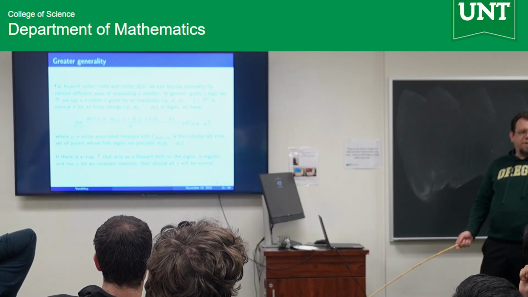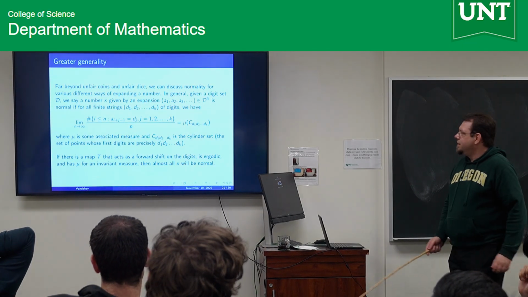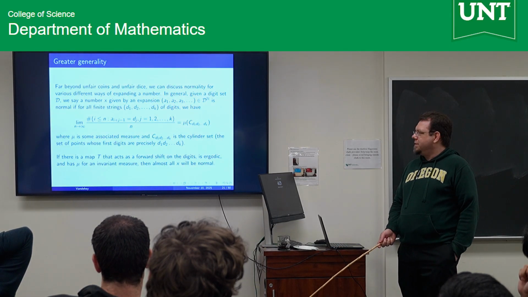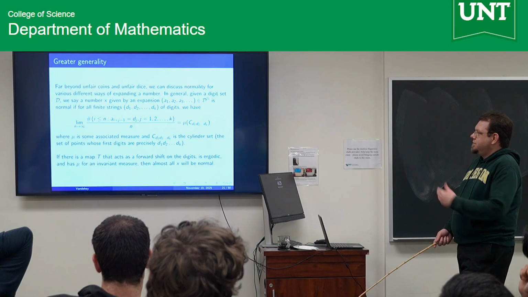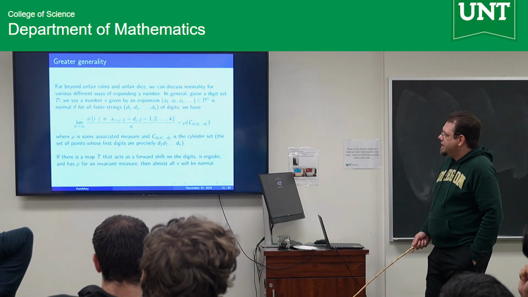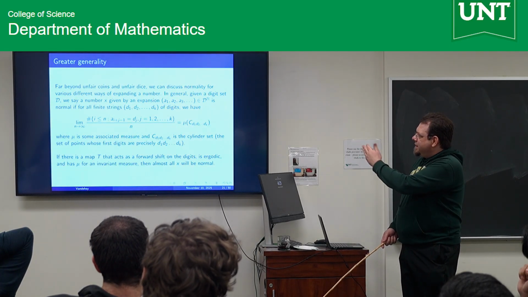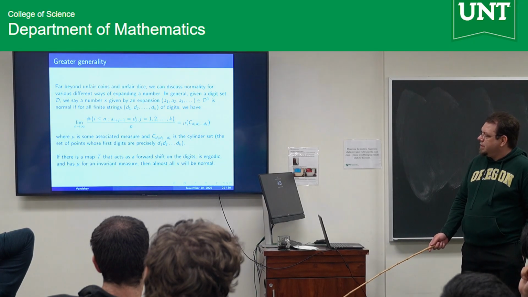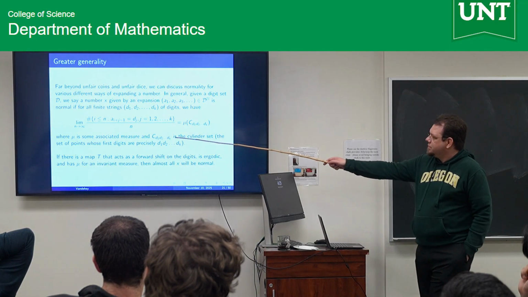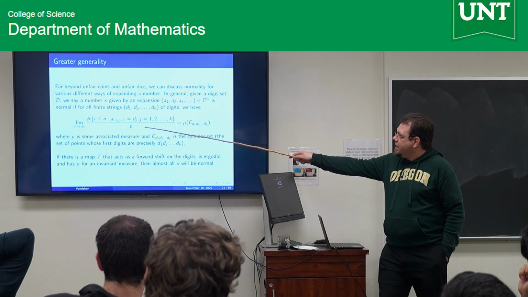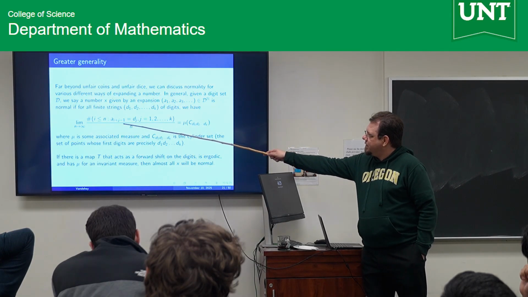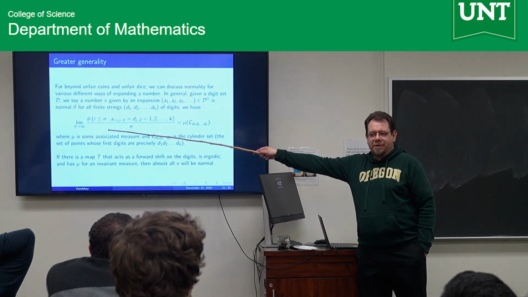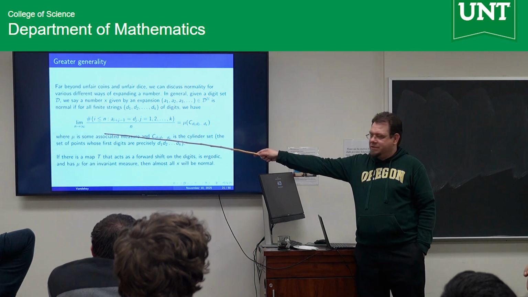Okay, well, what if I go even beyond this? Well, we can discuss normality for basically any way you want to expand a number that you can think of. So in general, if I have a digit set, I like to call my digit set D, we say that a number x given by an expansion, an infinite sequence of digits in D, is normal if for all finite strings d1 up to dk, we see that sequence occurring in the first n digits, divide that by n, take a limit, so this is the limiting frequency of how often we see that.